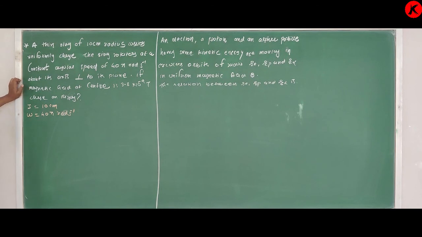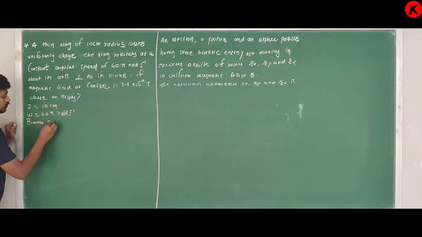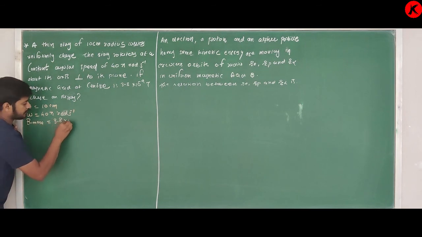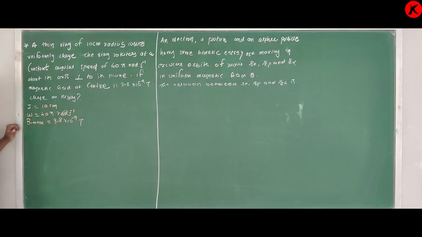If the magnetic field at center is 3.8 into 10 raised to minus 9 Tesla, then what is charge on the ring? Q is equal to what?